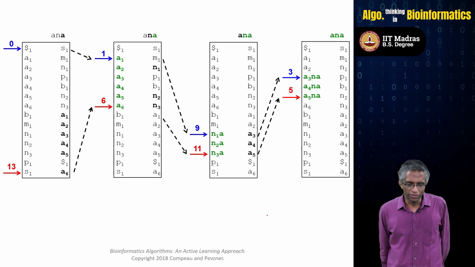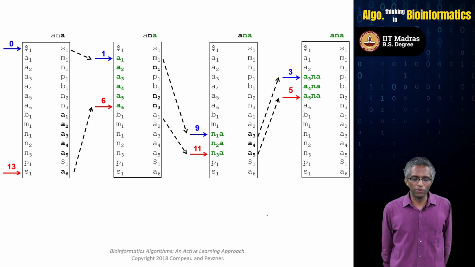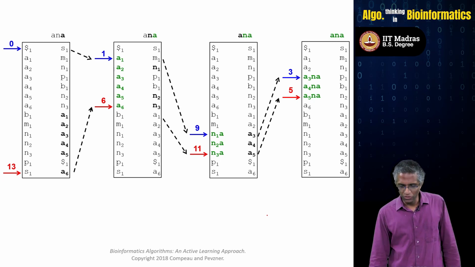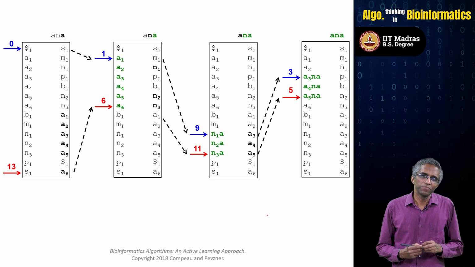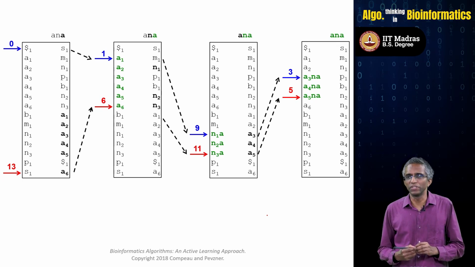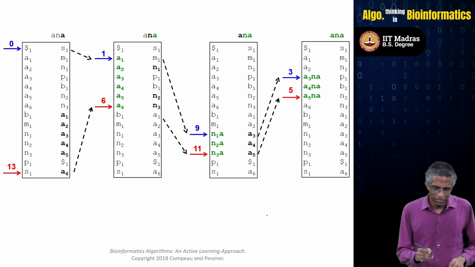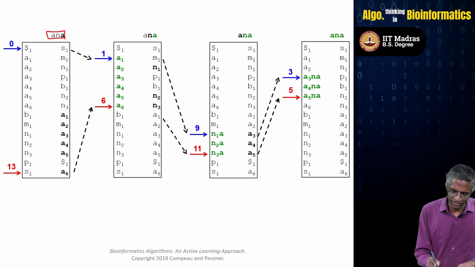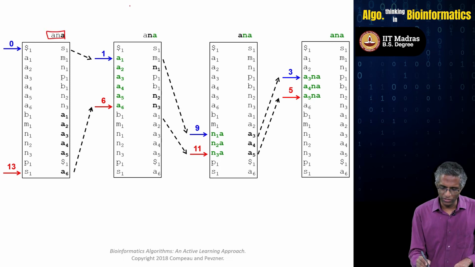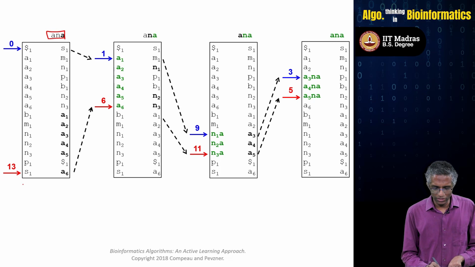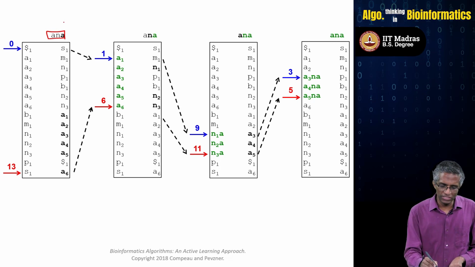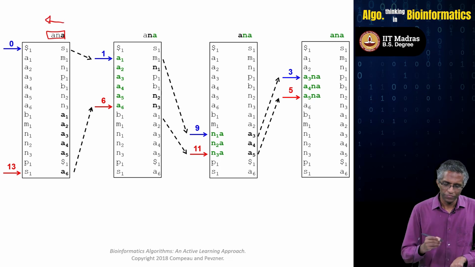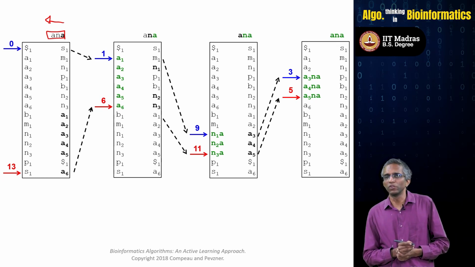summarize, or remind you of, how a pattern is matched using a suffix array and the first and last columns of the Burrows-Wheeler matrix. You have a pattern called ANA that you want to match in a string called Panama bananas. You look at the first and last columns, and you always work in reverse when working with the Burrows-Wheeler transform and suffix arrays.